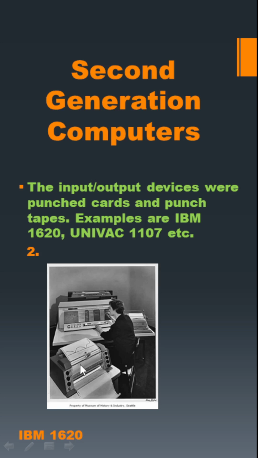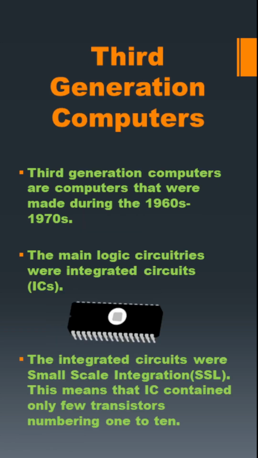We move to the next one, which is the third generation computers. The third generation computers are computers that were made during the 1960s to 1970s. The main logic circuitries were the integrated circuits.